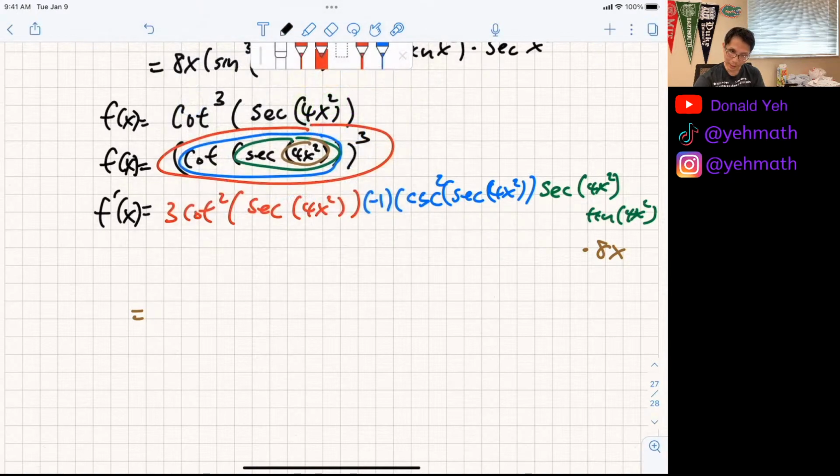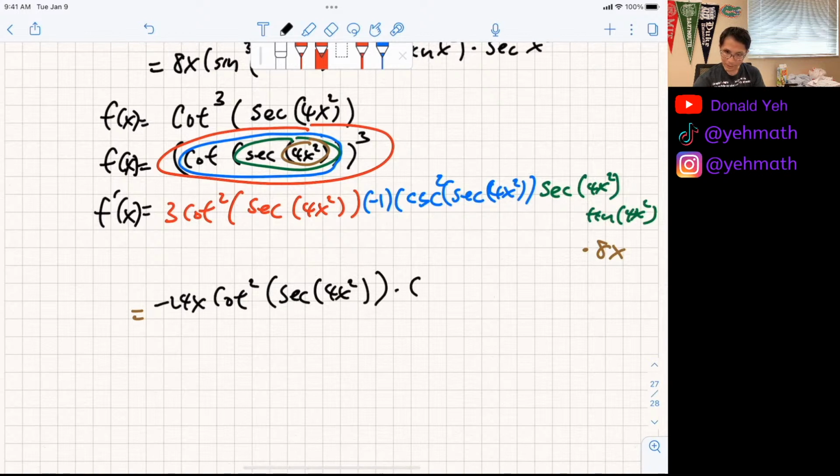So it'll be negative 24x times cotangent squared of secant of 4x squared, times cosecant squared of secant of 4x squared, times secant of 4x squared times tangent of 4x squared. And that should be my final answer.